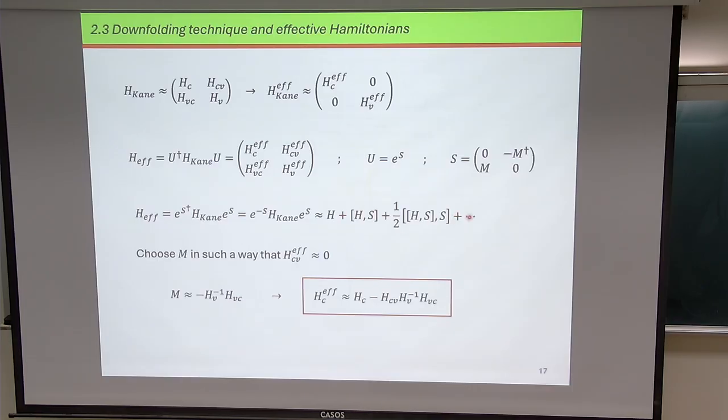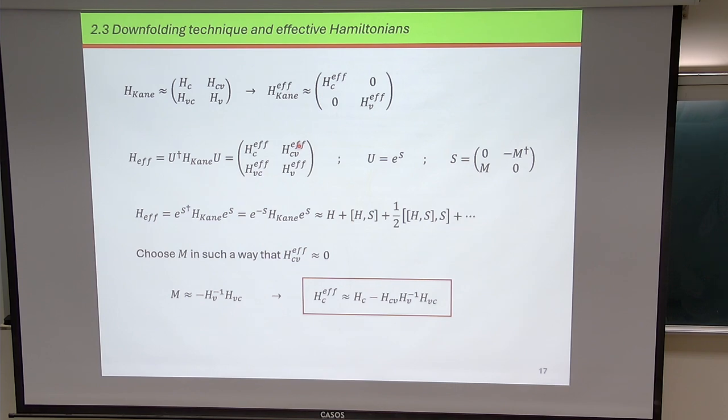So what is the idea here? I just will put this M matrix here with my H, which is this Hamiltonian here. We calculate the commutators and so on, and this will give me again an 8/8 Hamiltonian, and I will choose M in such a way that these off-diagonal terms or blocks go to 0 or approximately 0.